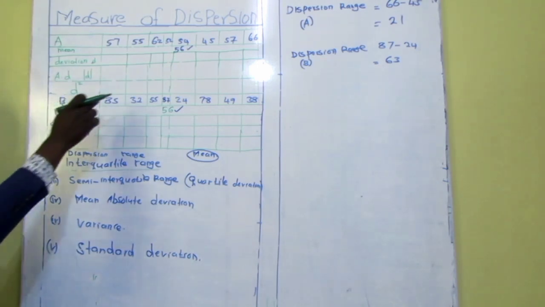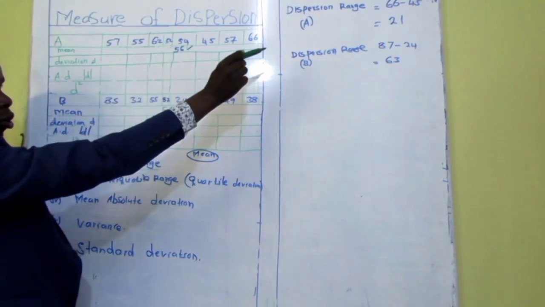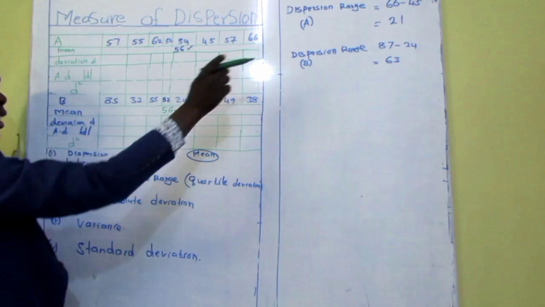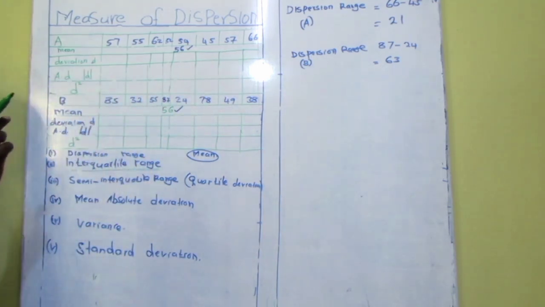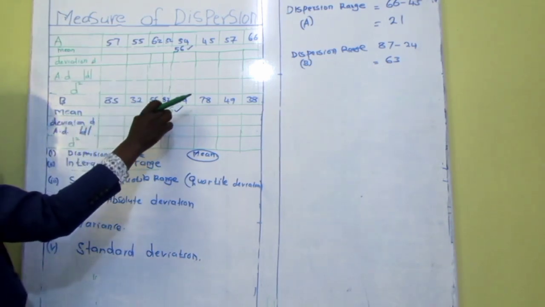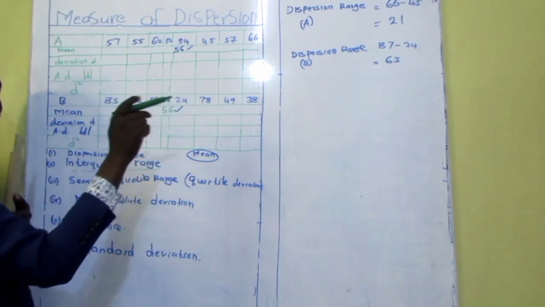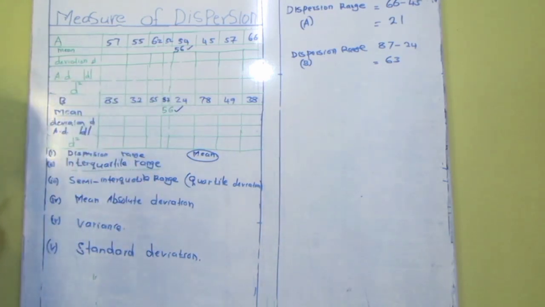If you are given the mean of A, that's 56, and dispersion range of A, that is 21, then you can know that the marks are very close to the mean. Again, if you are given the mean of B, and then you are given the dispersion range of B, which is 63, then in your mind, you can have that picture of how the marks are being spread. Are you getting what I'm saying?